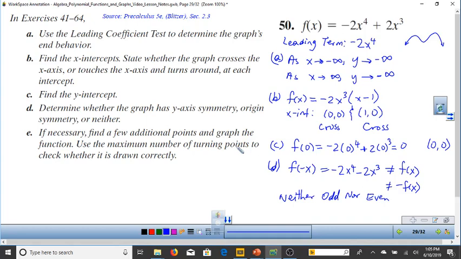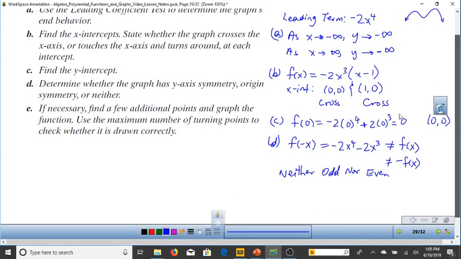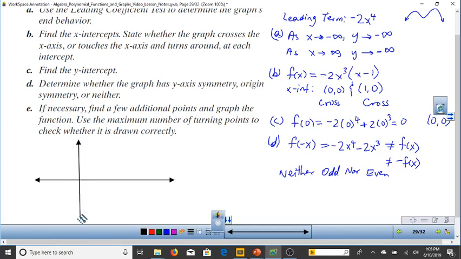And then let's do a little quick sketch of the graph here. As always, it's not going to be drawn to scale, just to give a generalized idea. We know that the graph is going to cross at 0, 0, and it's going to cross at 1.